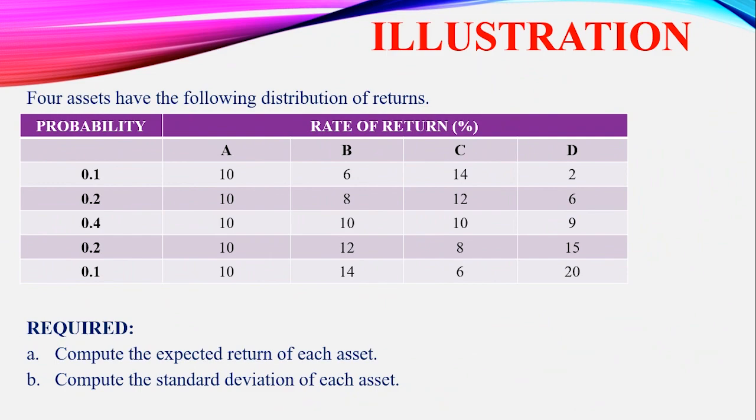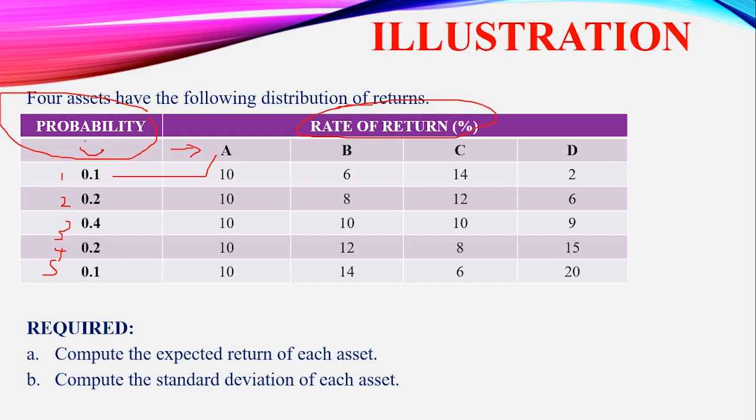The illustration is saying 4 assets have the following distribution of returns. So you are given the probability and you are given the rate of return. Just like we said, you can be given the probability at either state. That is 1, 2, 3, 4, and 5. These are the different states whereby we have the probabilities here. Then these are the assets: asset A, asset B, asset C, asset D. So at the state of 0.1, that is the return.